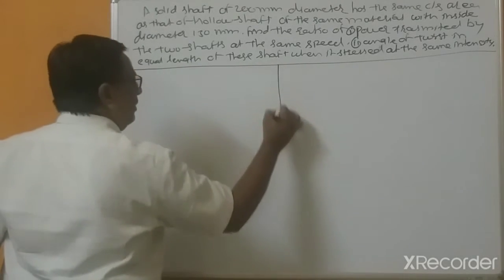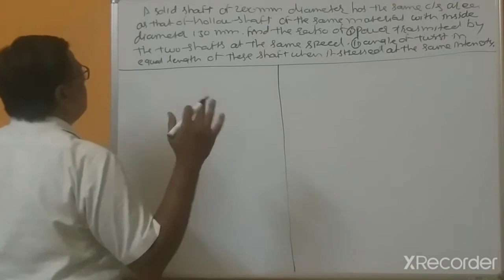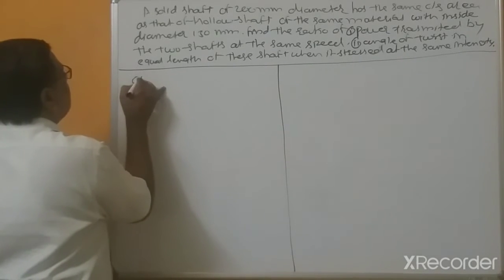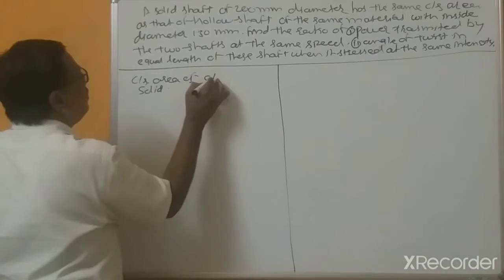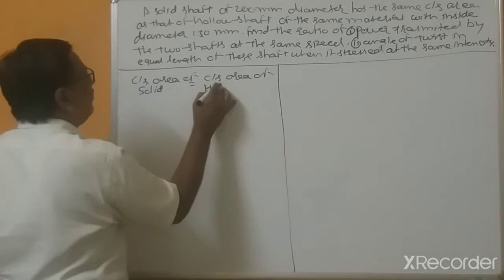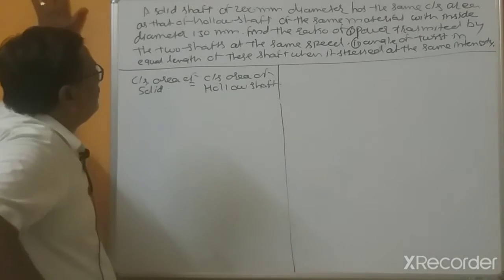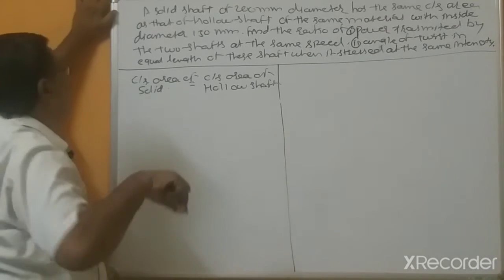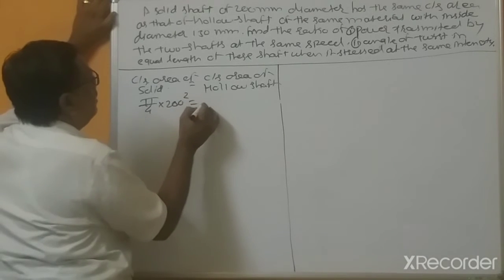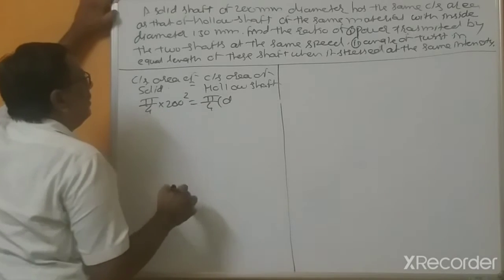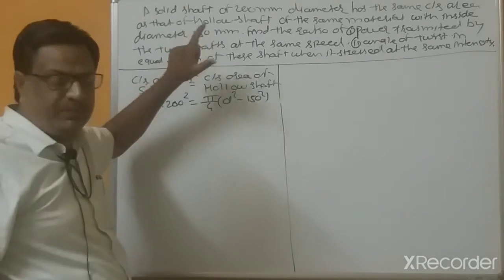First we consider the solid shaft of 200 mm diameter. Because the cross-section area of the solid shaft equals the cross-section area of the hollow shaft, first we'll see what relations we get. For the solid shaft of 200 mm, the area equals pi by 4 into 200 square, which equals pi by 4 into D square minus 150 square, with inside diameter of 150 mm.